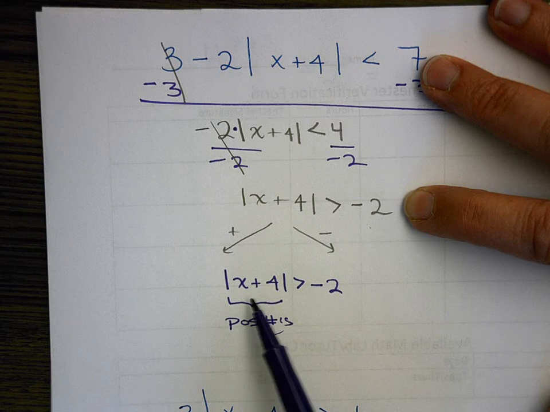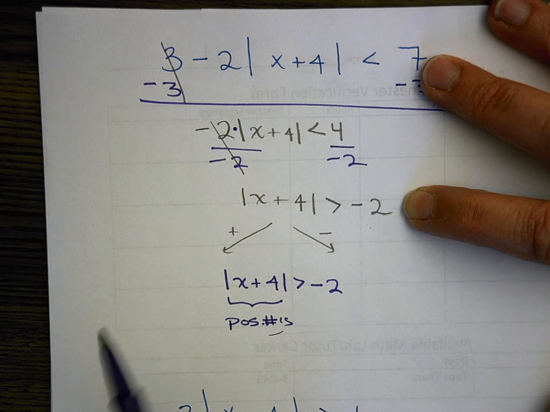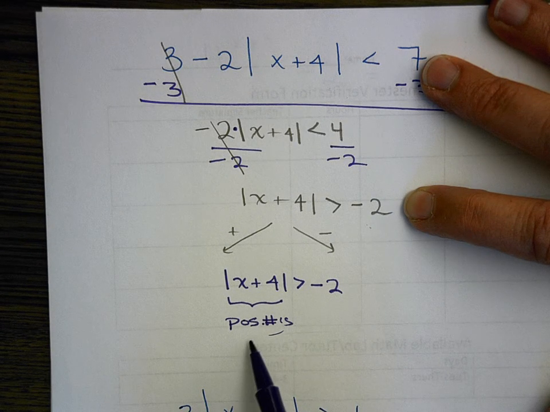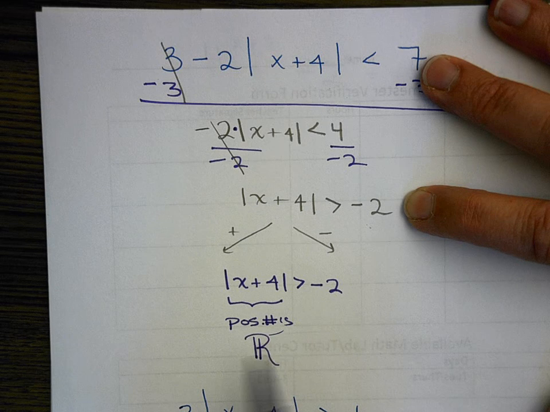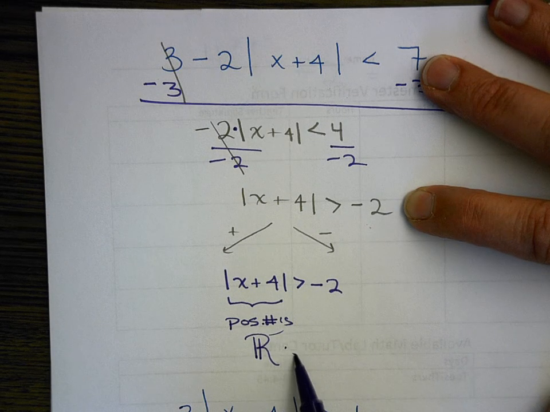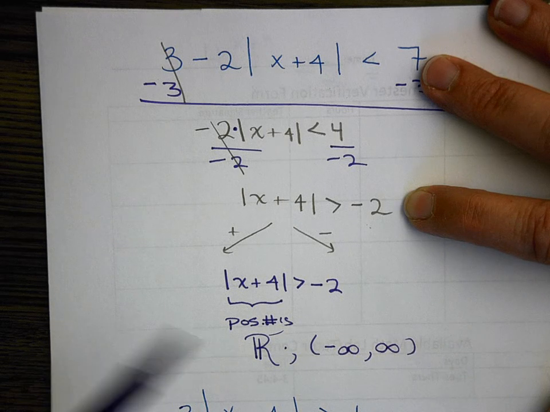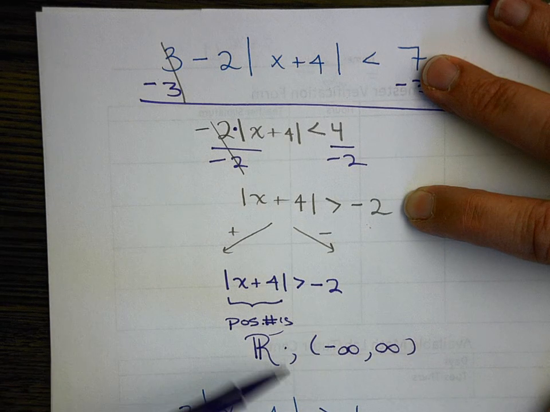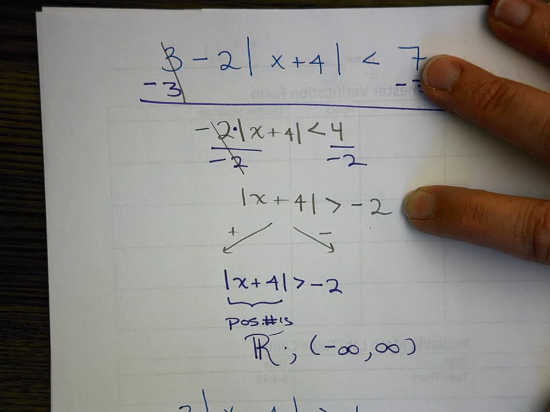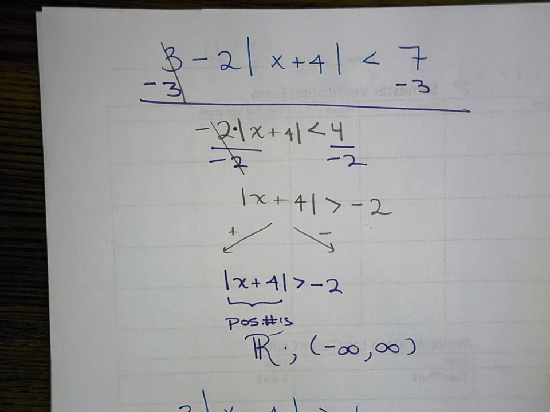That would be all of them. So this would be all real numbers, or infinitely many solutions, of course. I could also write it as negative infinity to infinity. So x can be any value, and it will always be greater than negative 2. Okay, let's do the next one.